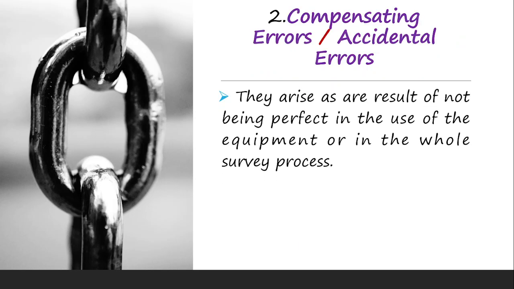They arise as a result of not being perfect in the use of the equipment or in the whole survey process. These are simple mistakes that arise due to maybe not being perfect in the use of the equipment. So they are the accidental errors.